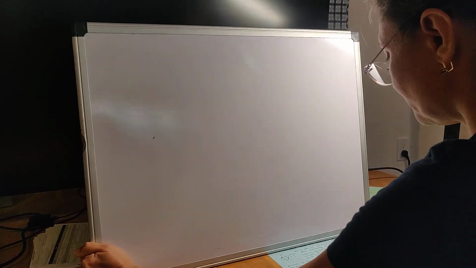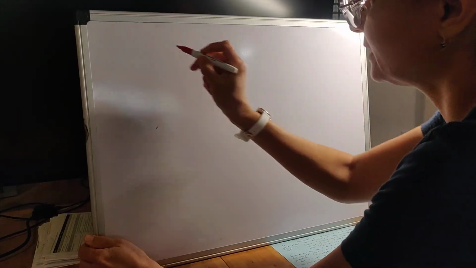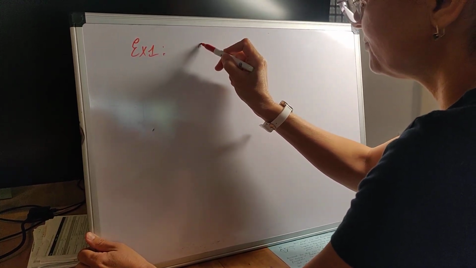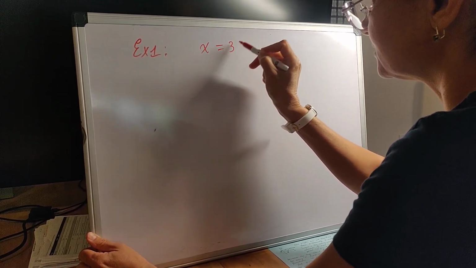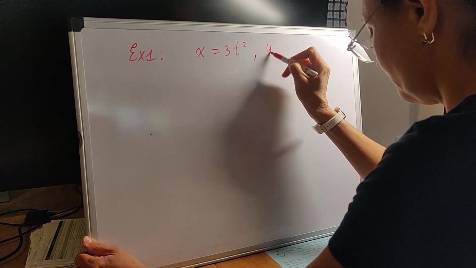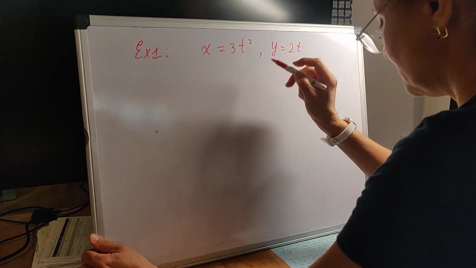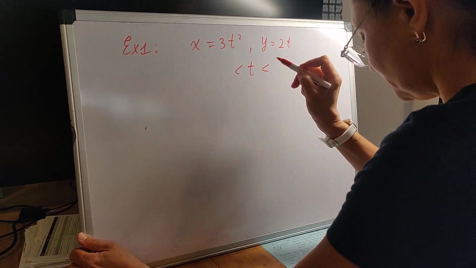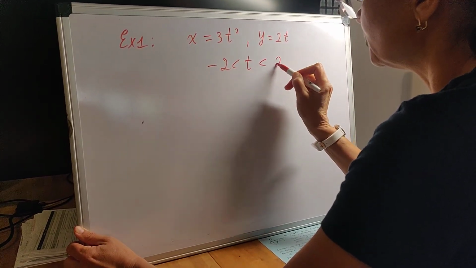So we're going to start with the first example. Example 1. We're going to graph the parametric curve x equals 3t squared, y equals 2t, and t is not going to be from negative infinity to positive infinity. t is going to be between negative 2 and positive 2.